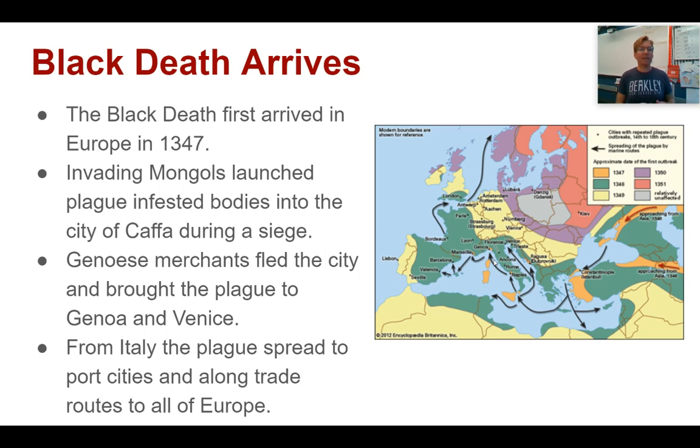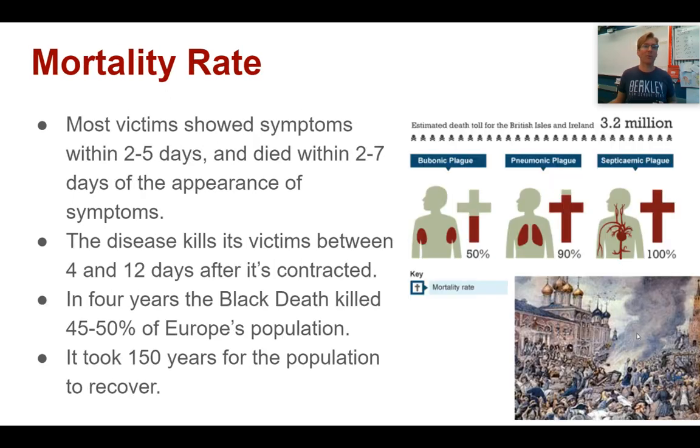From Italy, the plague then spreads to other port cities and along other trade routes and just takes Europe by storm. Mortality rate of this, most victims showed symptoms within 2 to 5 days and died within 2 to 7 days of the symptoms appearing. So it was a fast-acting plague. The disease kills its victims 4 to 12 days after it's contracted.